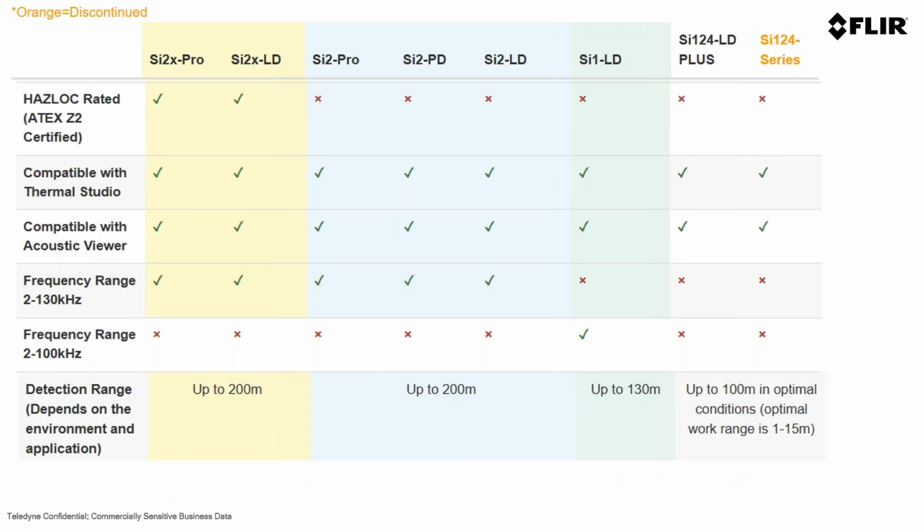Of course, the HAZLOC rated devices, which are certified for very specific explosive atmosphere environments, are the SI2X series. So that's the main difference from the rest of the models.